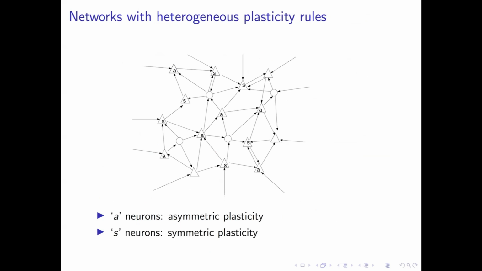So basically, we can understand pretty much what will happen by just looking at this simple cartoon. So the idea now is that you have neurons where some have asymmetric plasticity, the A neurons, and others have symmetric plasticity.